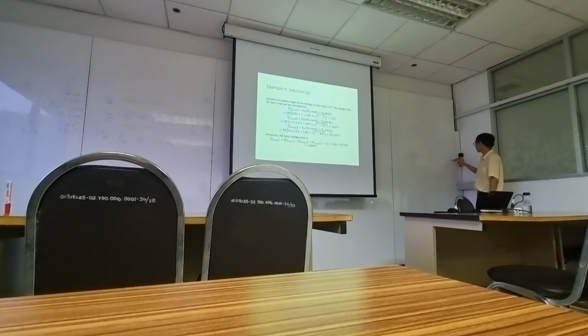If you add another load, C, current IC will flow from here to here, so VA will drop more, and VB will also drop.